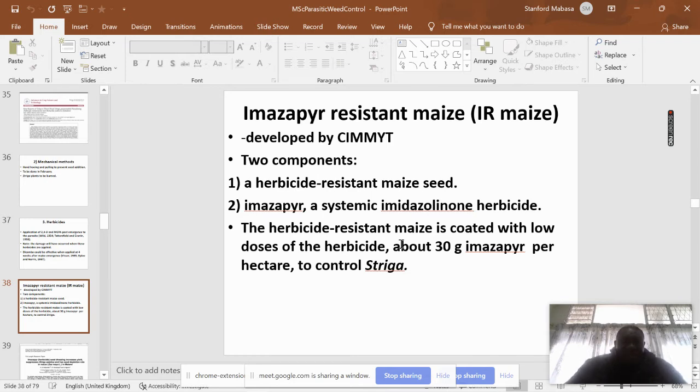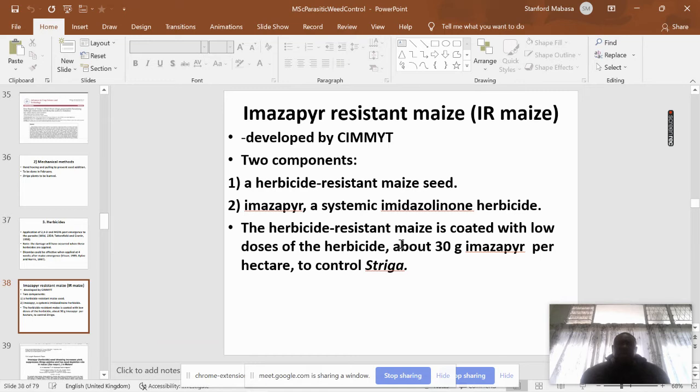Now, what happens is that the herbicide-resistant maize seed is dressed or coated with about 30 grams of imazapyr per hectare to control Striga. So during the seed production of this hybrid, the herbicide is added as a powder.